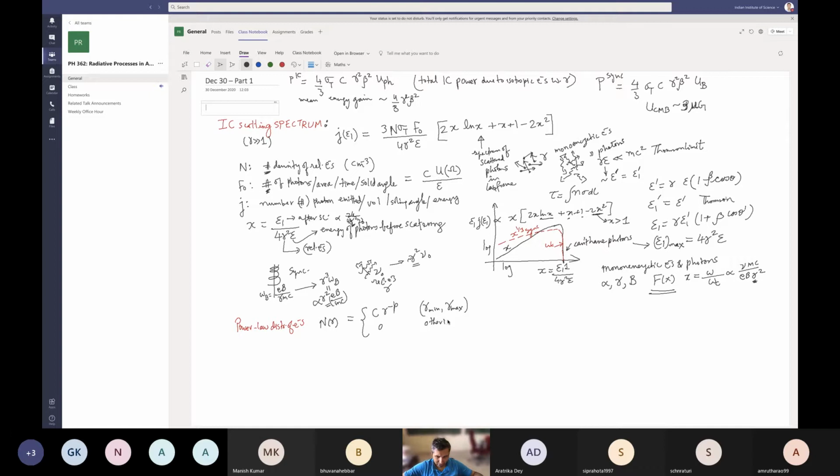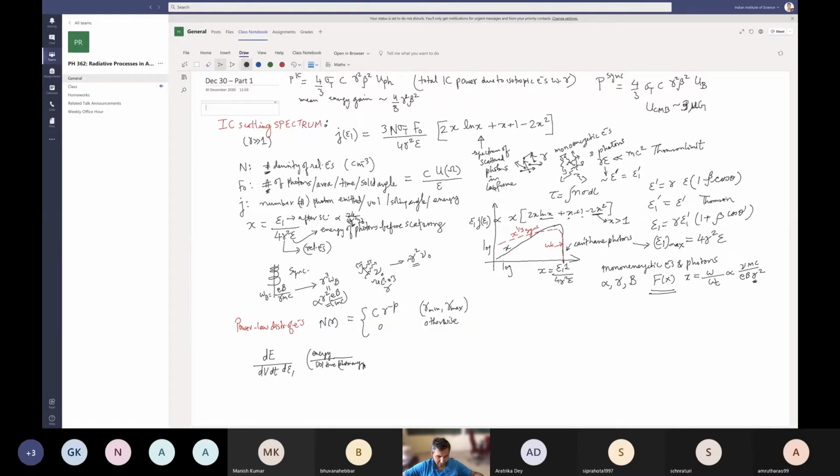So we have a distribution of electron gammas, which is a power law. Now, what happens in this case? How do you get the emissivity? We have dE, let me just write down first: this is nothing but energy per unit volume, per unit time, per unit photon energy.